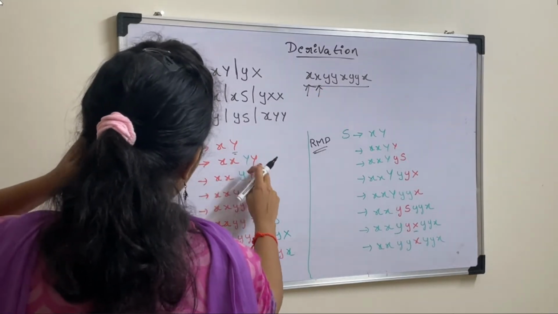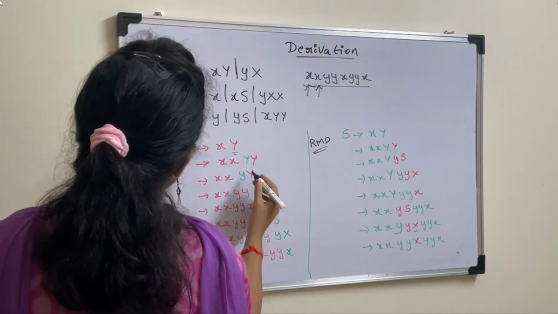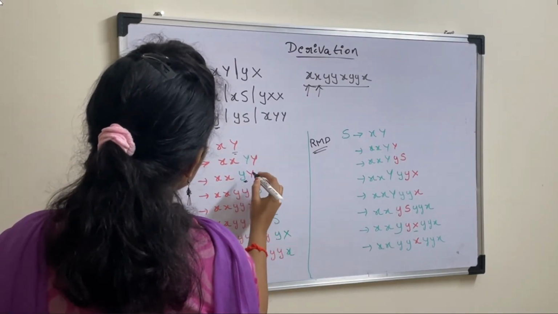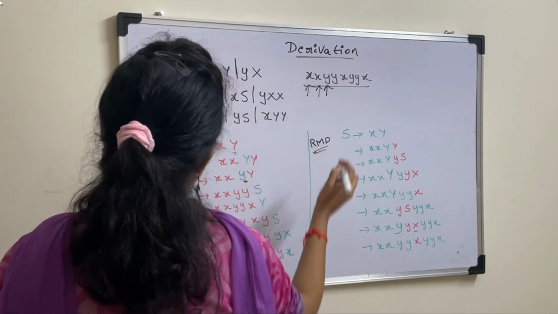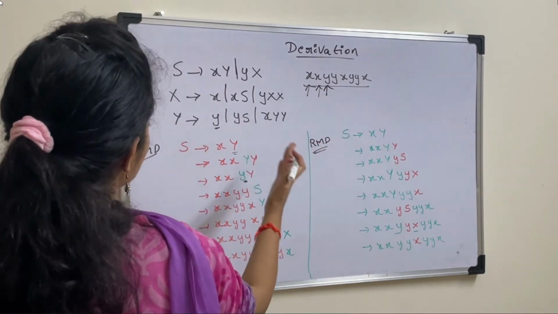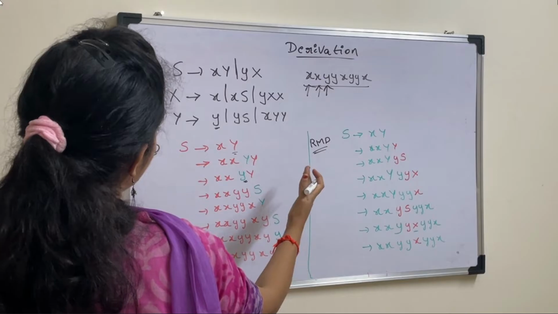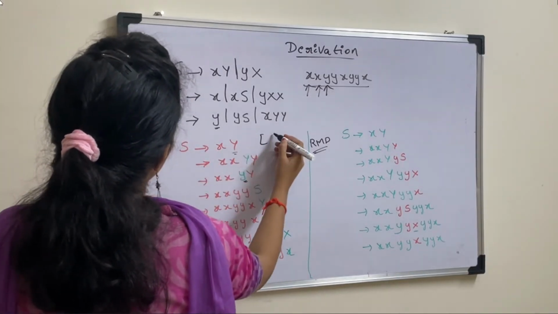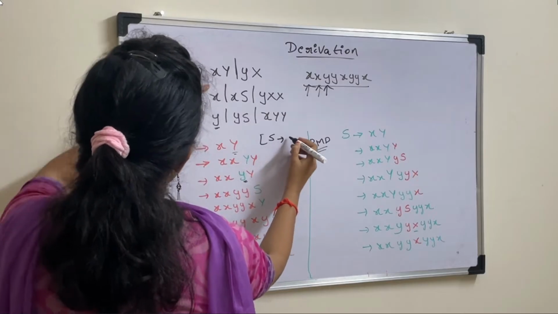So I took xyy, and this y can be replaced with small y. So we got the first three strings from this. Here we are substituting from left to right. So how did we get this first step? This is S derives xy.